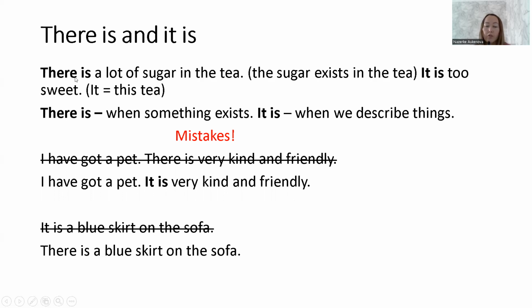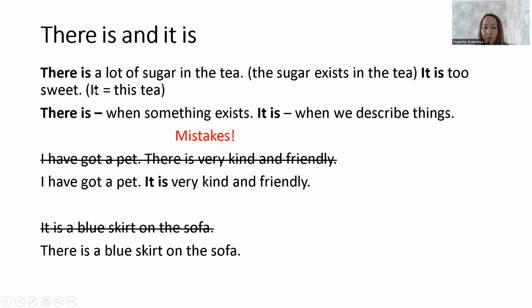Then we talked about the sugar: because sugar exists in the tea, we use there is. It is when we describe things. When you describe something, you can use it is, not there is. So in this case, we say it is too sweet.